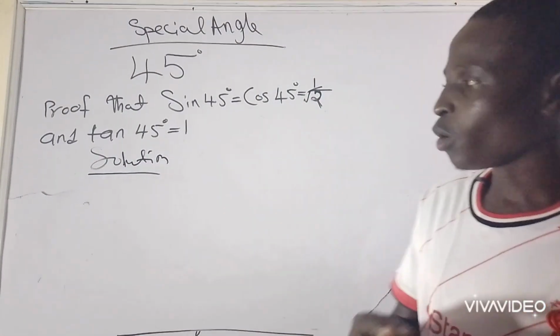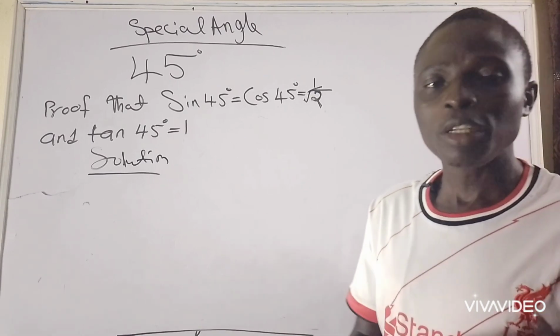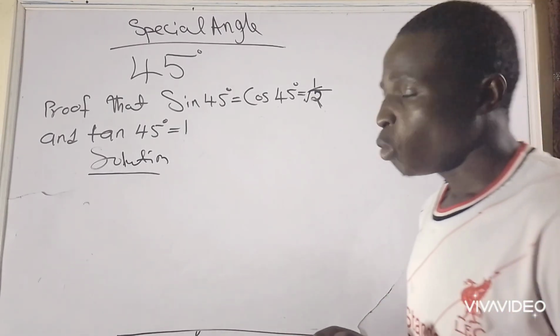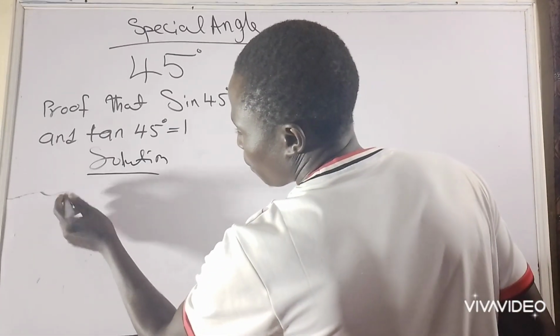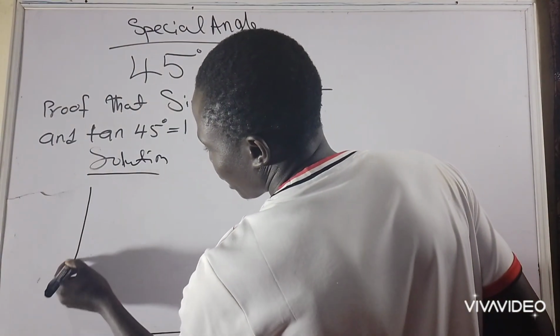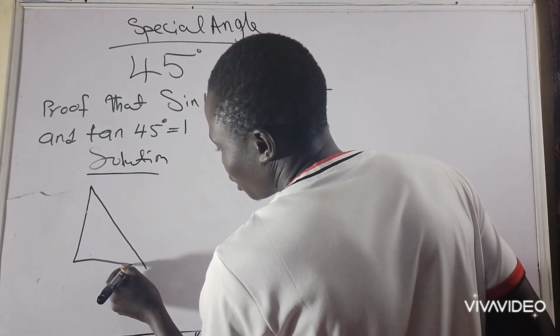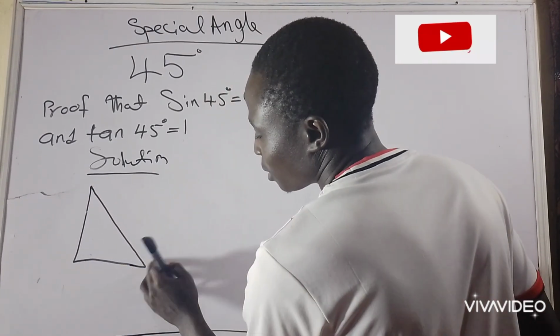So since we are dealing with trigonometry, and trigonometry means triangle, we are going to see an isosceles right angle triangle. From the name, this triangle has two characteristics.